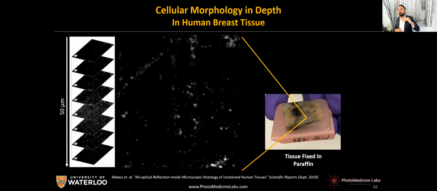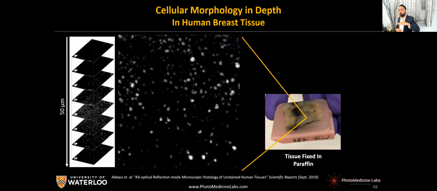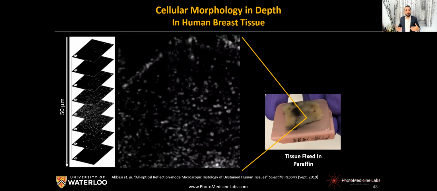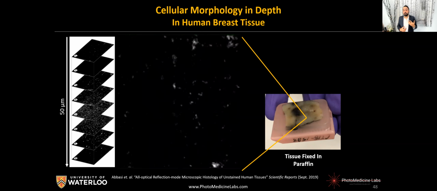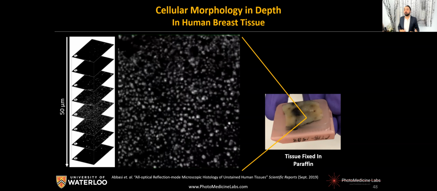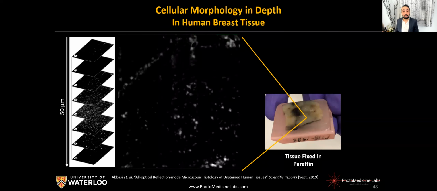We can image the tissue block itself, and then by changing the focus, do virtual slicing. And here we're going through depth. We're actually flying through depth and seeing different cellular morphology in paraffin embedded tissue block, which is very exciting.